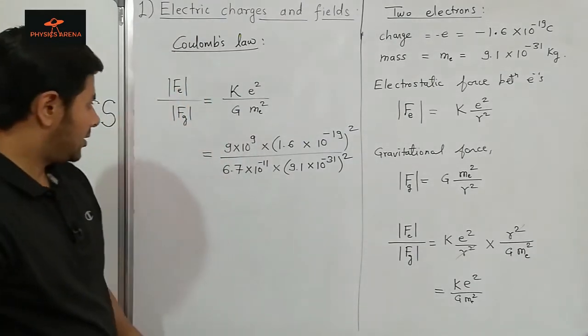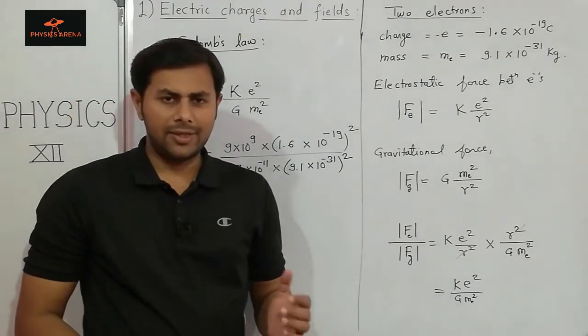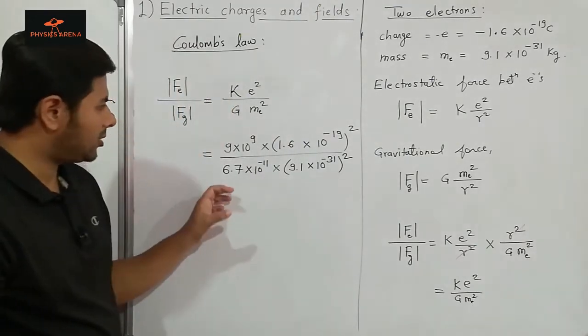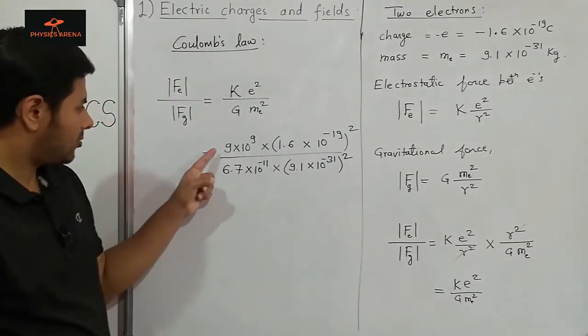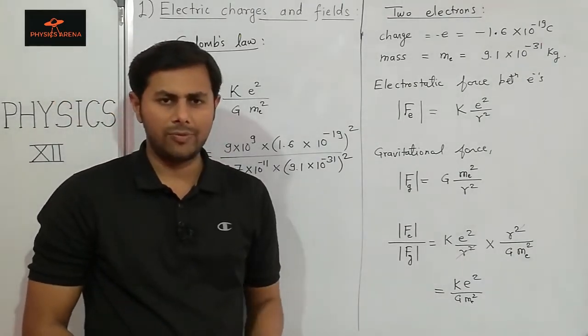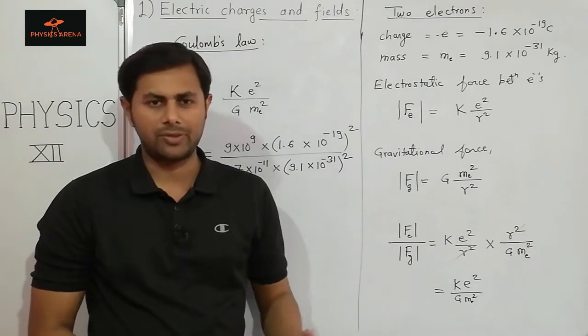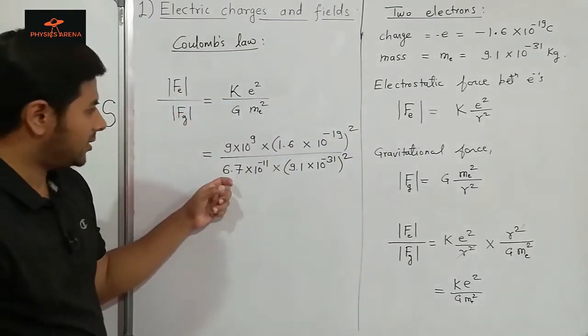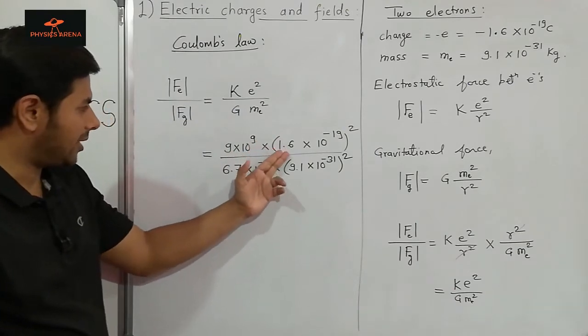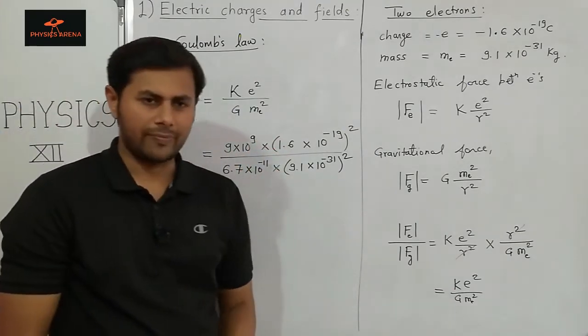Okay. Now we are not interested in the exact number, but only the order of magnitude. So whatever number is there which is greater than 5, we will make it approximately 10, because we are interested in order of magnitude only, and whatever numbers are there which are less than 5, we will make it equal to 1.